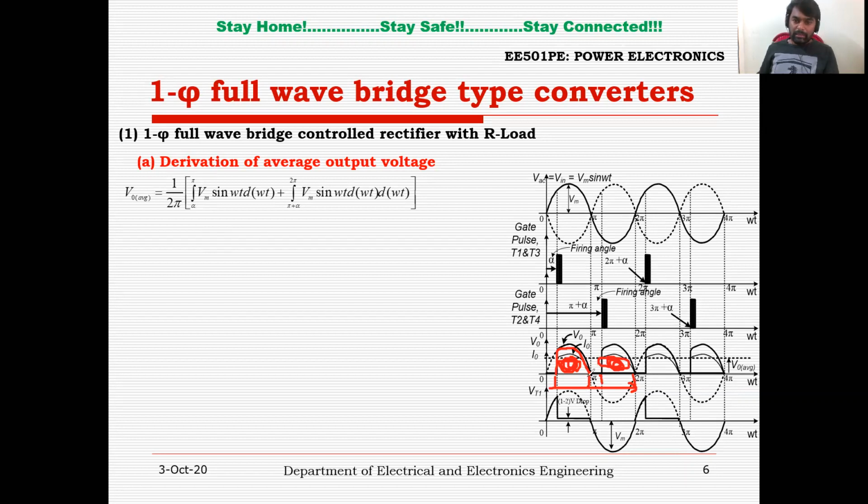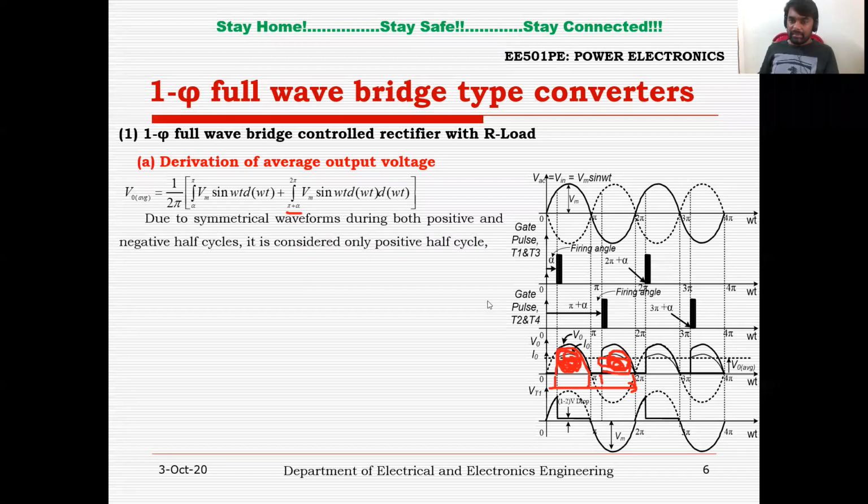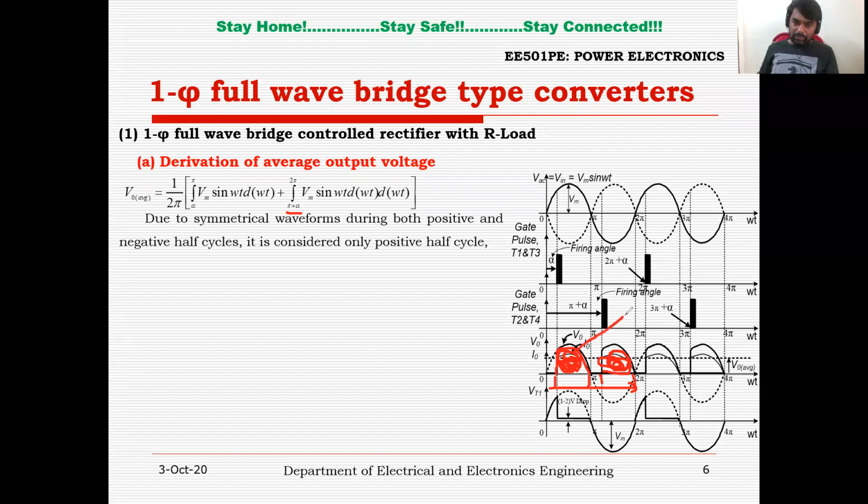Alpha to 2 pi, Vm sine omega t, this area, and pi plus alpha to 2 pi, you can see this area. And since the thyristors are triggered symmetrically, the area under the positive half cycle and the area under the negative half cycle will be the same. I can consider only one area, either the positive half cycle or the negative half cycle, with respect to the input side if you want to see.